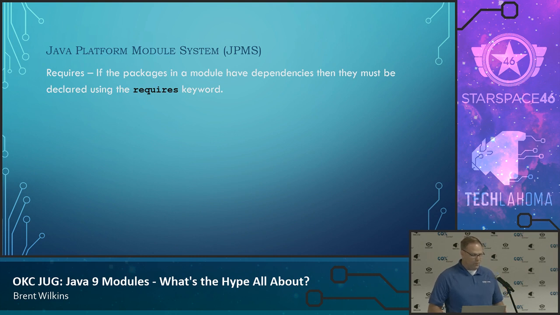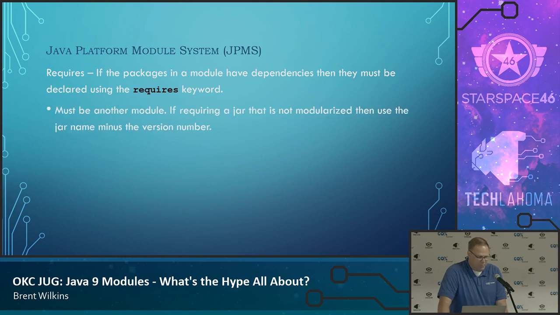All right, so one of the things that you put in the module file is requires. So if your module requires another module, then you list it here in the requires. It must be another module. You don't add requires to packages. You require other modules.